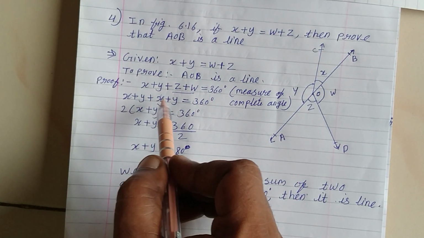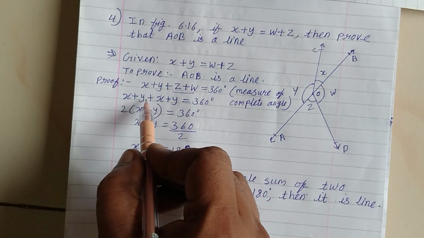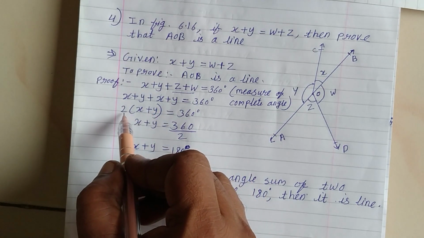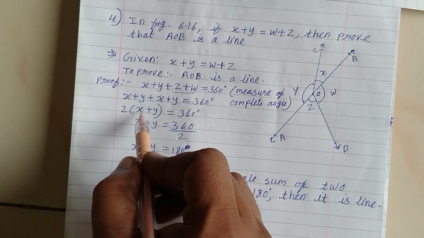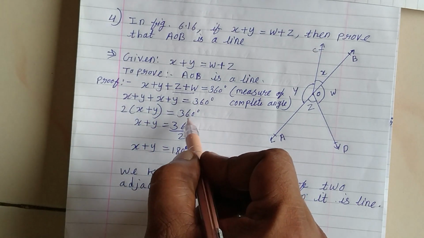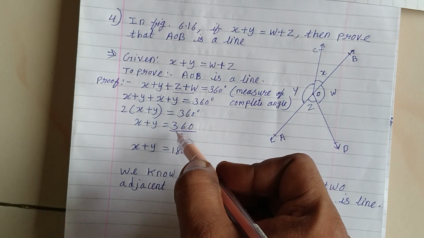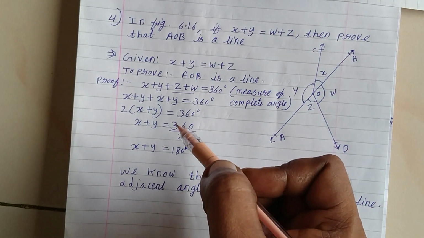Student, here x plus y and x plus y is 2 times, so you can take 2x, and here y plus y will be 2y, and 2 is common. That is why I have taken 2 bracket x plus y bracket close equal to 360. Now 2 I will transpose, that is x plus y equal to 360 upon 2, that is x plus y equal to 180.